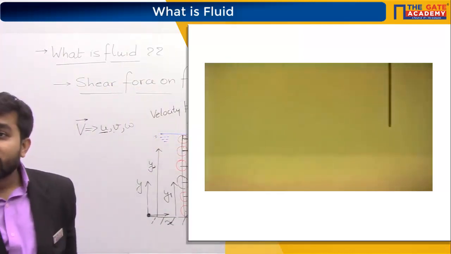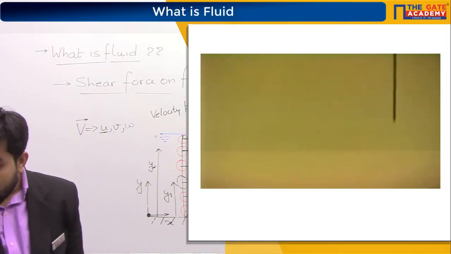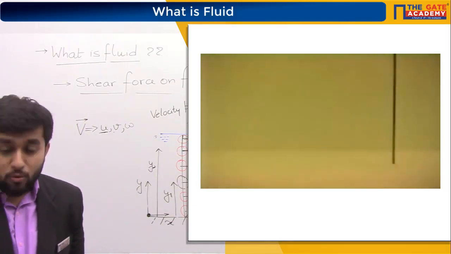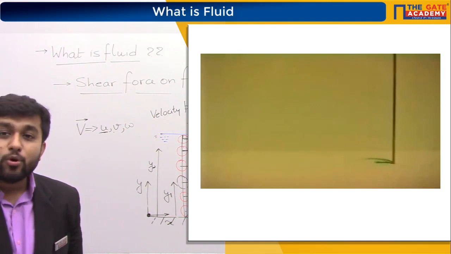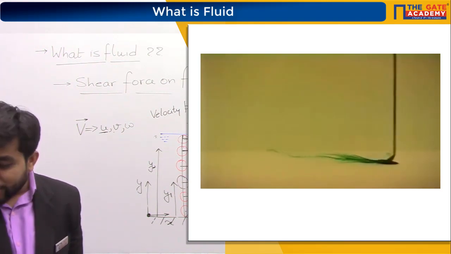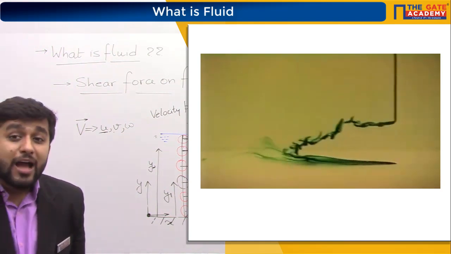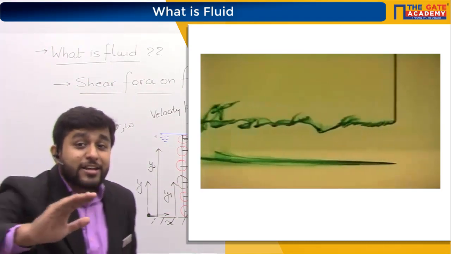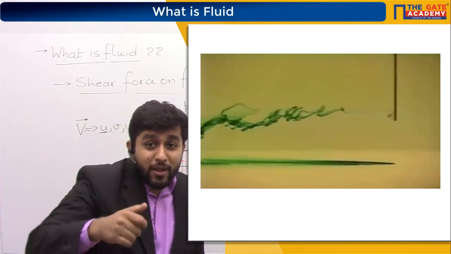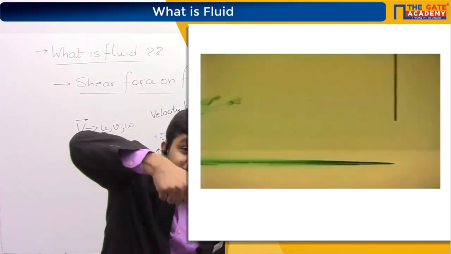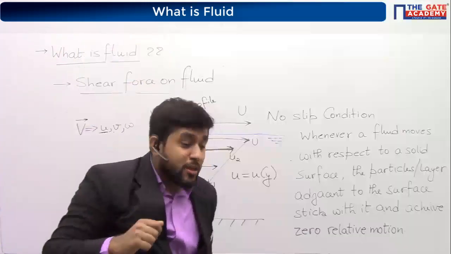Okay, so there is a probe and they will take the probe down. So check, they have taken the probe down. They are touching it with the ground, and now from the probe they will start injecting the dye. Once they are injecting the dye, they will lift the probe again. So what will happen?